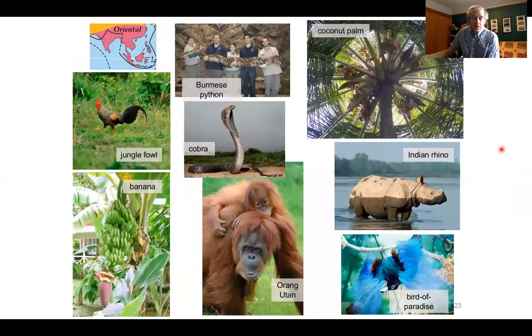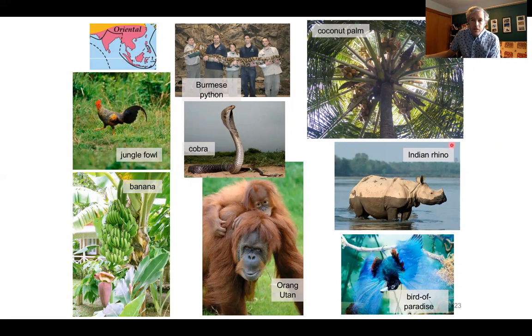If we go into the Oriental plate in Southern Asia, we have things like the banana, the jungle fowl, the original descendant of all chickens, Burmese pythons, one of the biggest snakes in the world, cobra. There are some species of cobra in Africa, but nothing like the diversity that you get in the Oriental plate. The orangutan, the only non-African great ape.